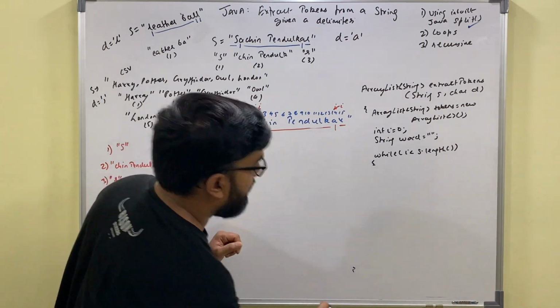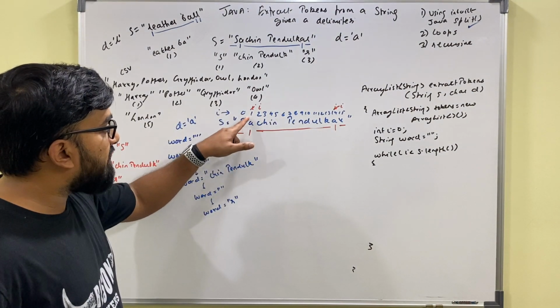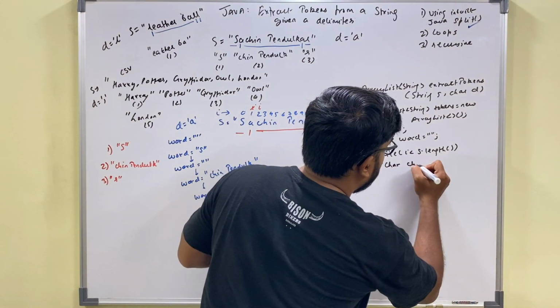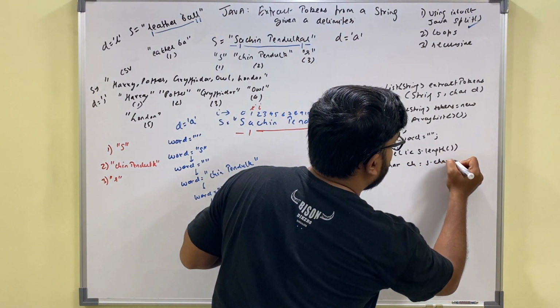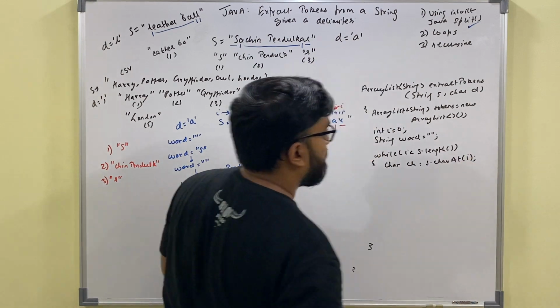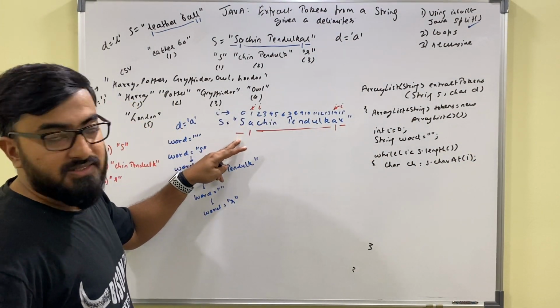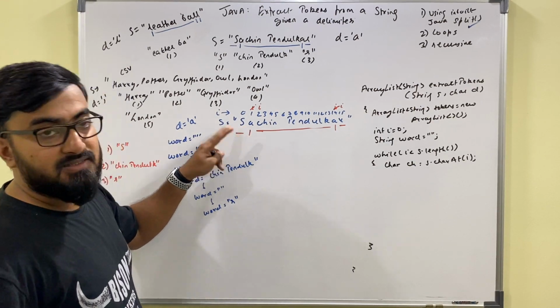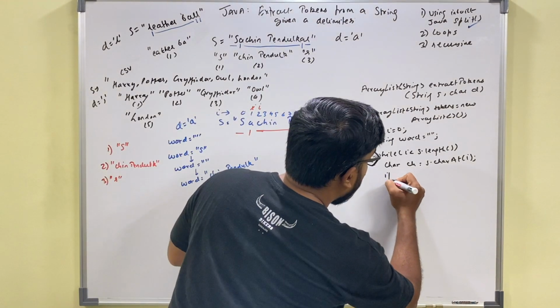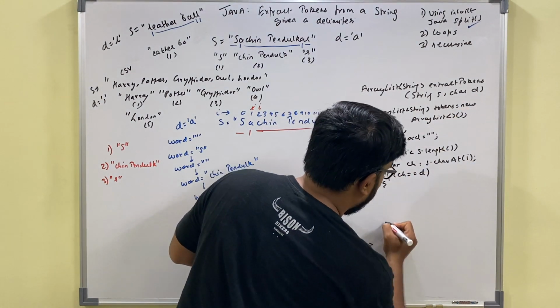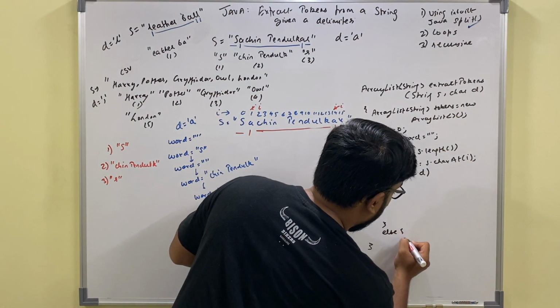I extract the ith character in this string, so I'll say char ch is s dot charAt index i. Two things I need to check here: if my ith character is a delimiter, or if my ith character is not a delimiter. So if my ith character is equal to D, the delimiter, else if it is not a delimiter.